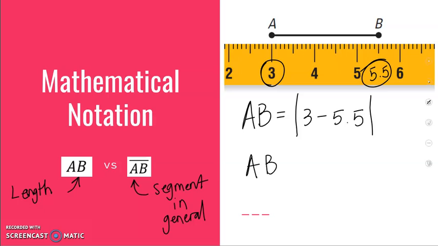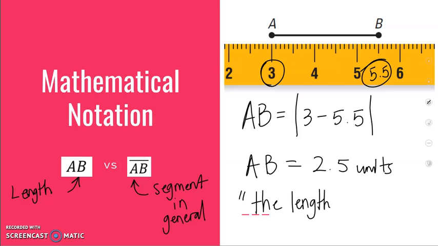Therefore, if we take the absolute value of -2.5, we get +2.5 units. So if you were to read this statement out loud, you would read it as the length of AB is 2.5 units.